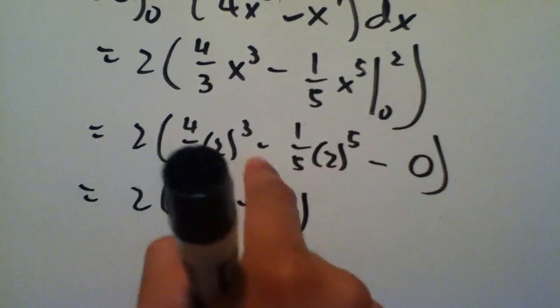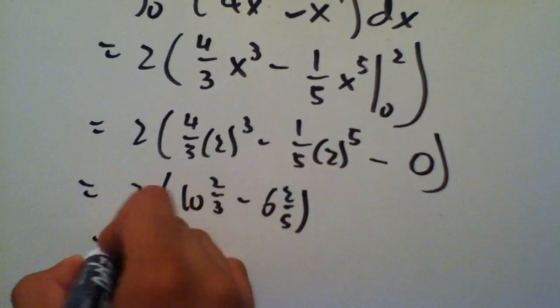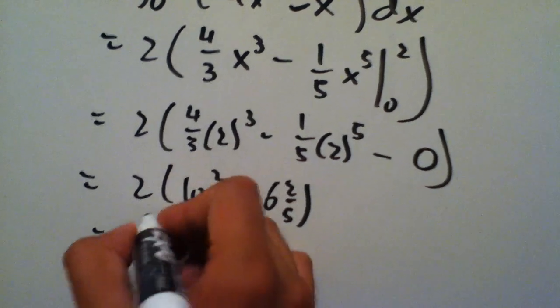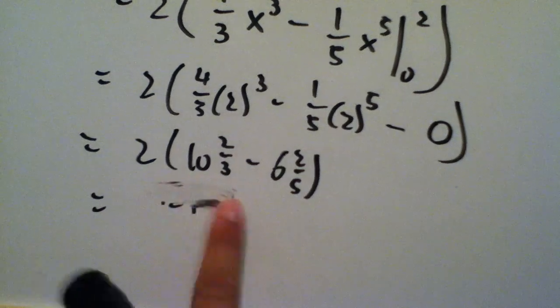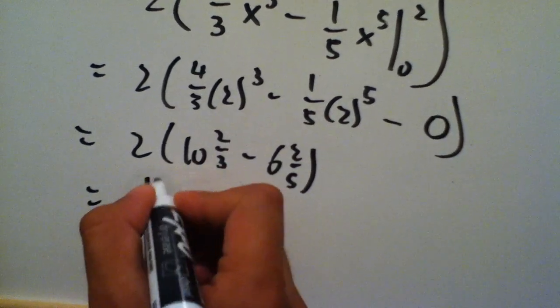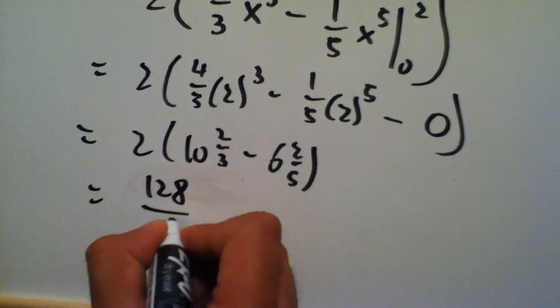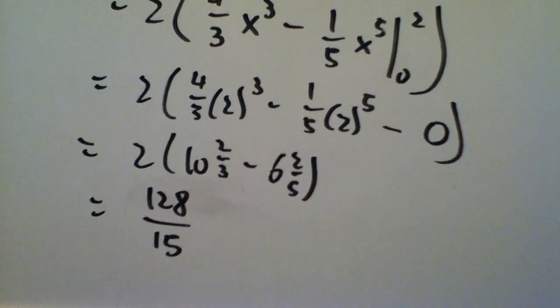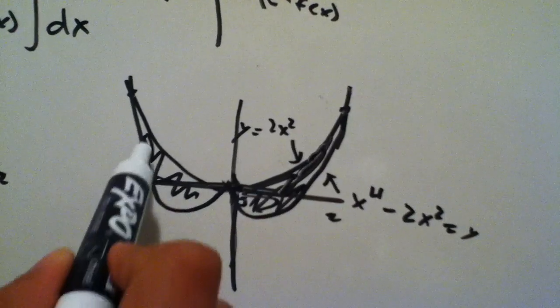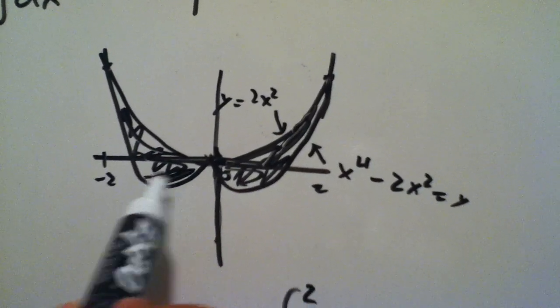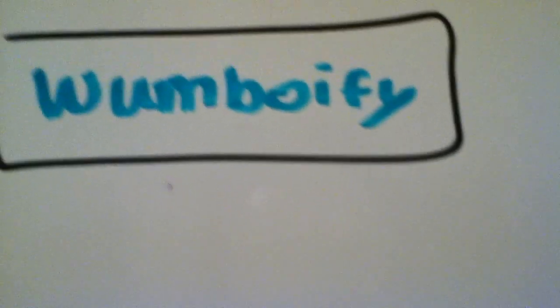That's what these two things break down into in the end. And when you solve that out, you get 128 over 15. And that is your final integral. So the sum, this entire area over here, is 128 over 15 units. Thanks for watching.